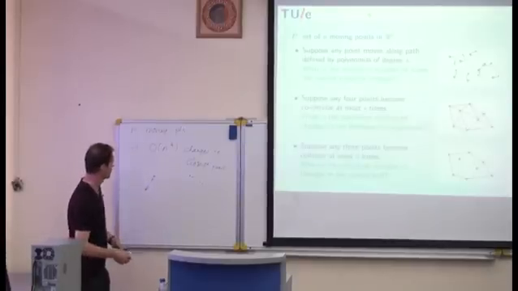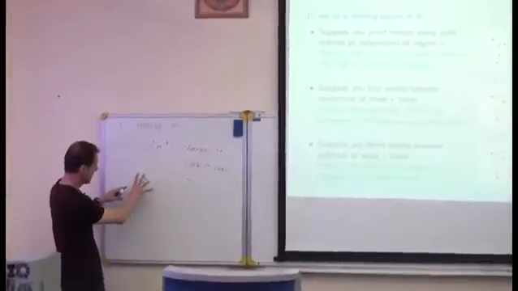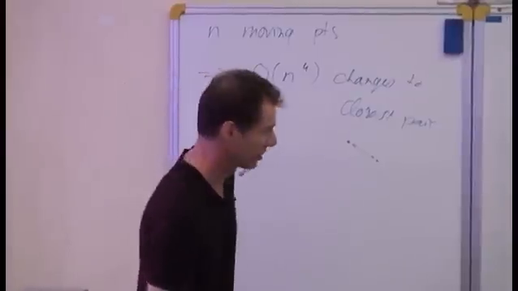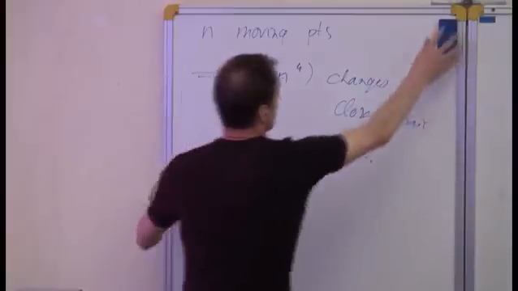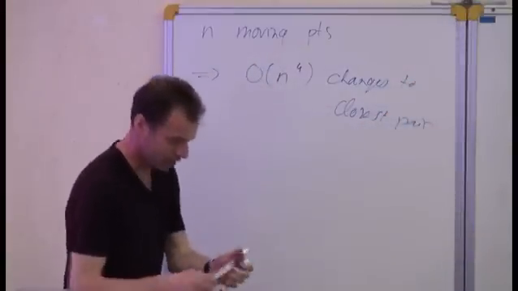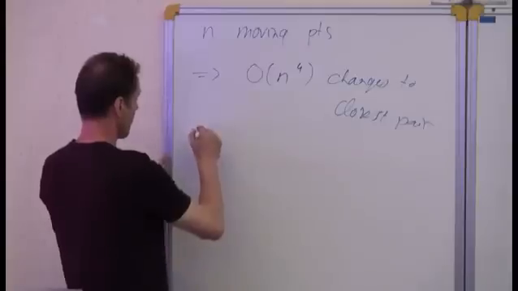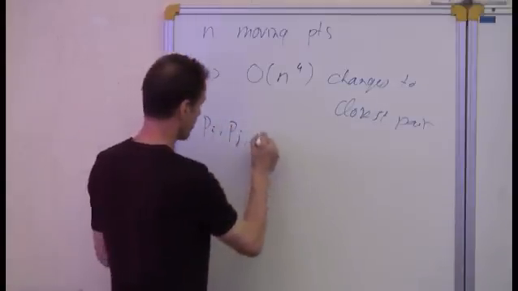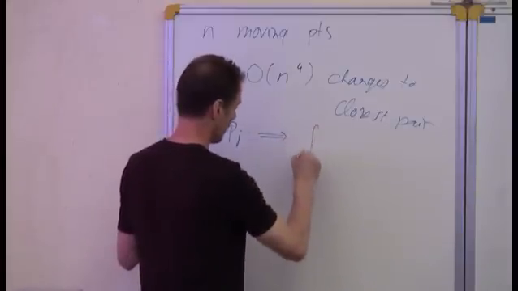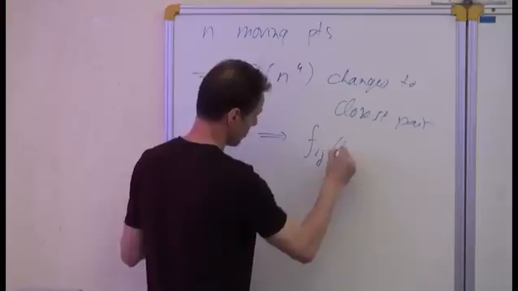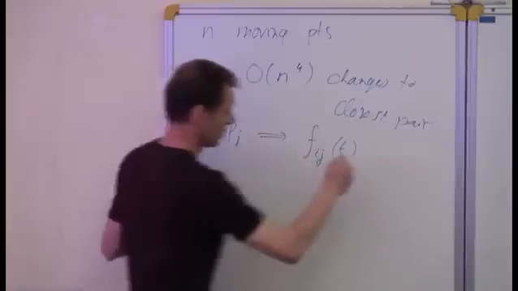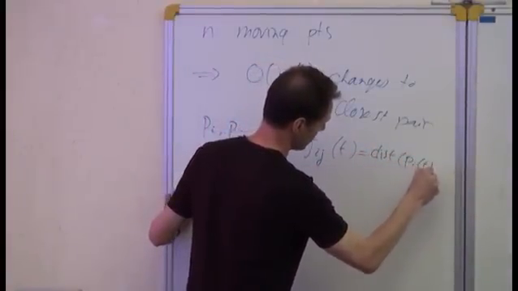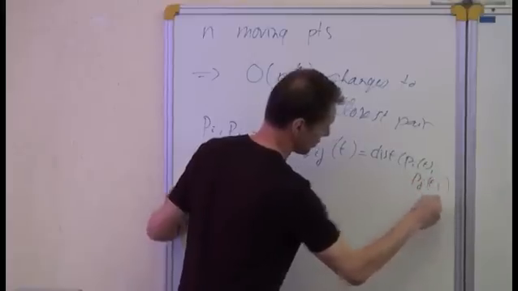So what I could simply do, instead of saying I have my n squared distances and I have to compare each of them, is exactly what you're saying. For every pair, let's say pi, pj, I define a function fij, which is a function of time, which is the distance between pi at time t and pj at time t.